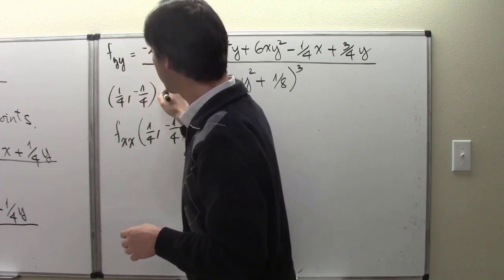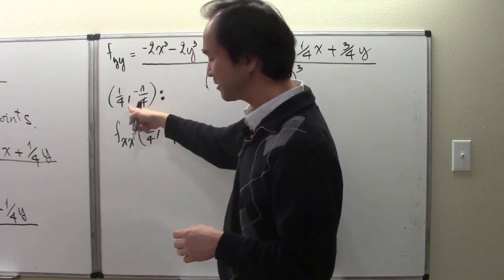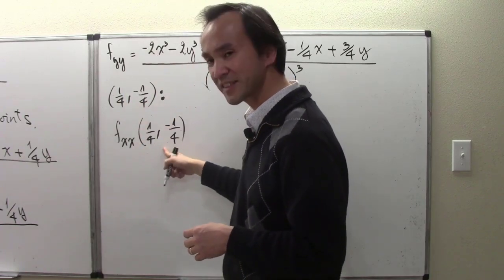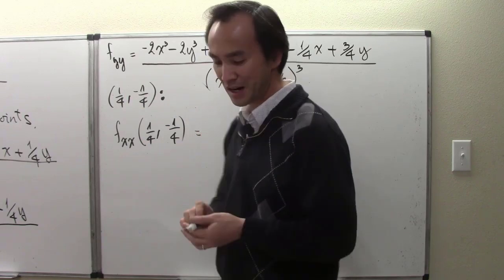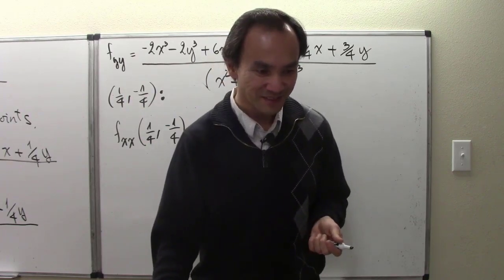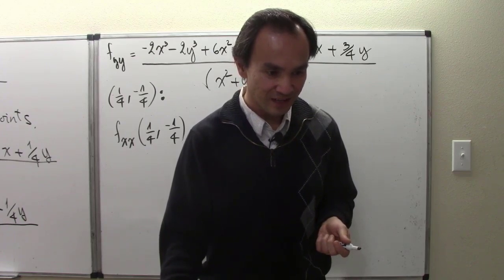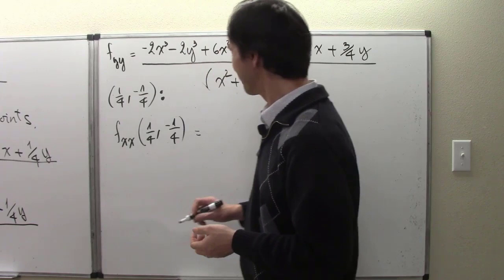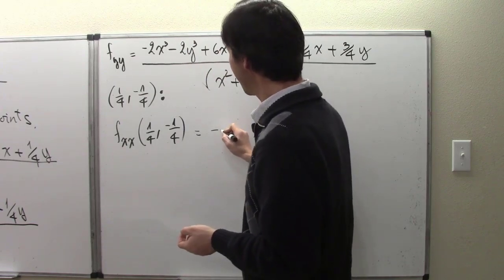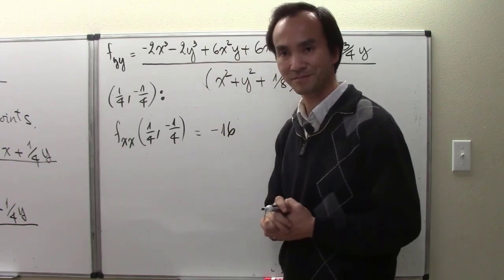I substitute that critical point into my f_xx, and my computer calculator came out with the value negative 16.